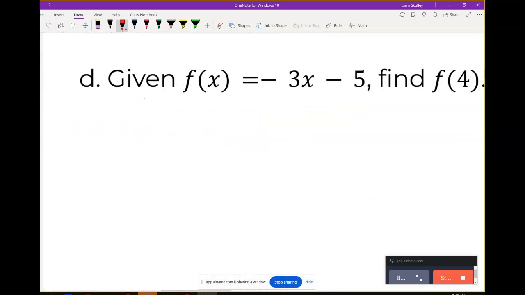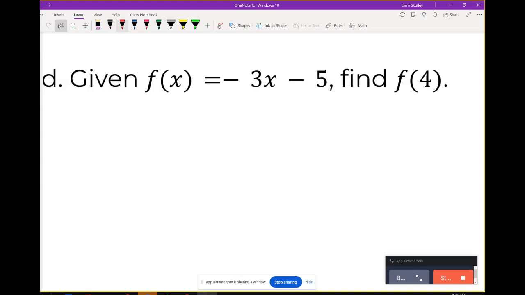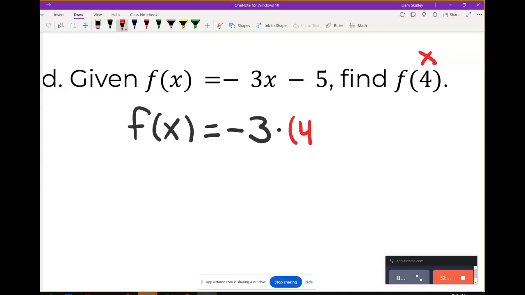We'll do one more example like this and then a few others where you just use a graph and it's pretty straightforward. So we would say f of x is equal to -3 times our x value, which is +4, -5.